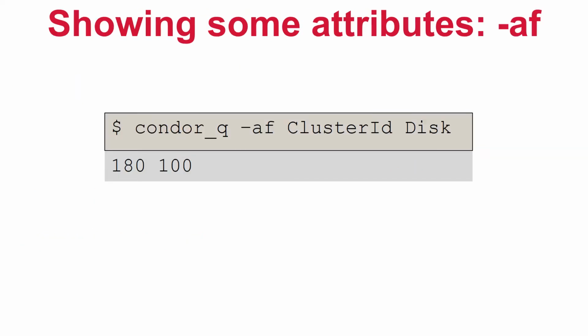If you know the attributes you are interested in, you can use the condor_q -af option to show just those attributes, one job per line. This is especially useful when run from scripts, as we may change the format of the default condor_q with no options to look better in the future, or maybe to show different attributes.